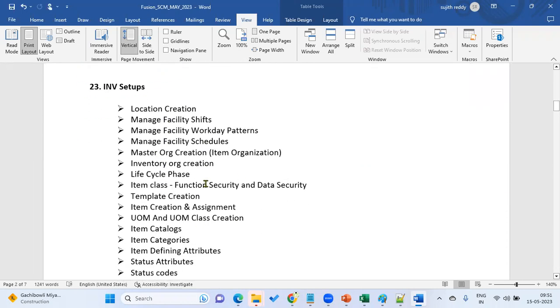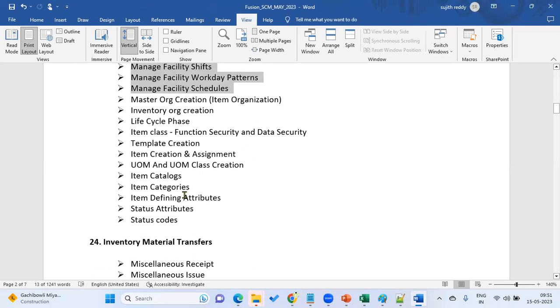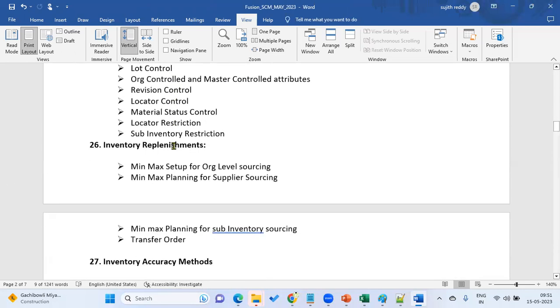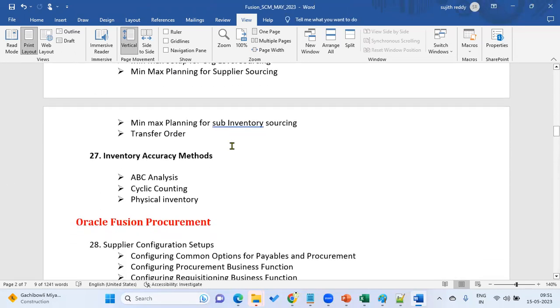I worked as an implementation consultant in 2 projects. I was involved in the implementation of inventory setups like creation of locations for inventory, setting up the inventory calendar and facilities, setting up UOM conversions, configuration of catalogs, categories, and sub-inventories, and testing of all material transactions like miscellaneous transactions, sub-inventory transfers, movement requests, inter-org, direct and in-transit, and was also involved end-to-end in cycle counting as well as physical counting.